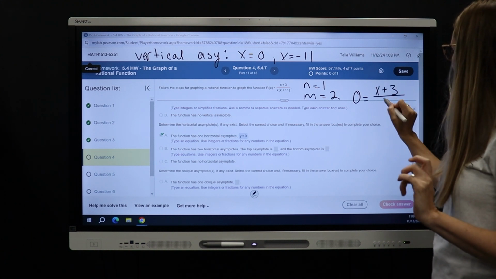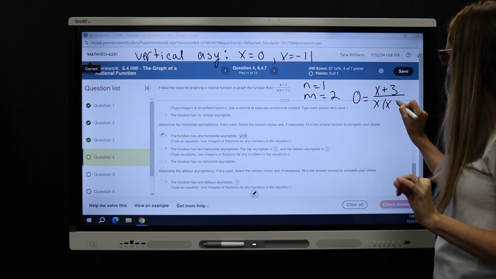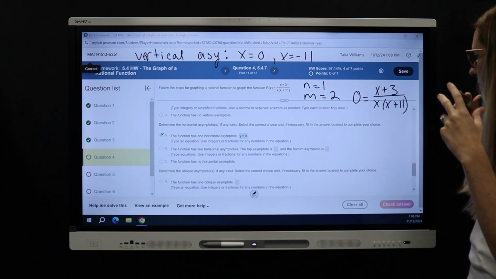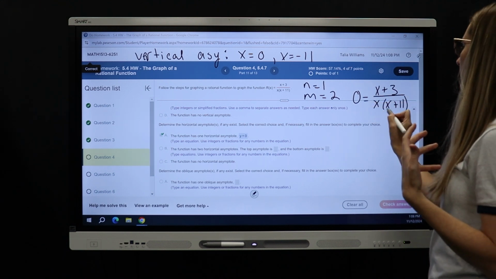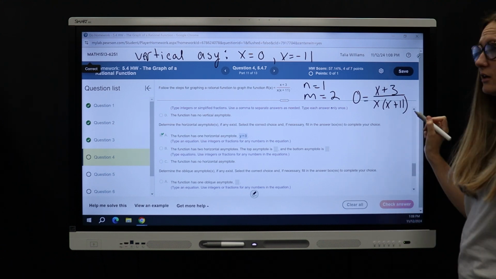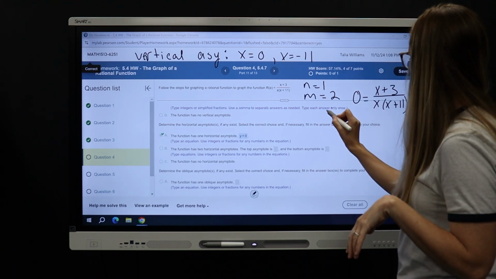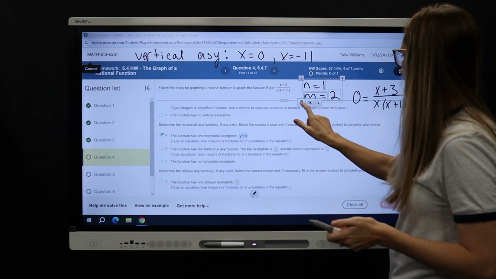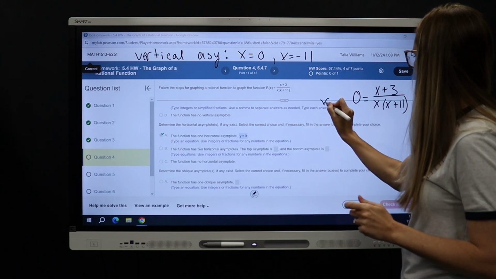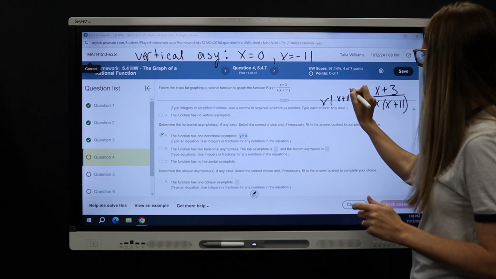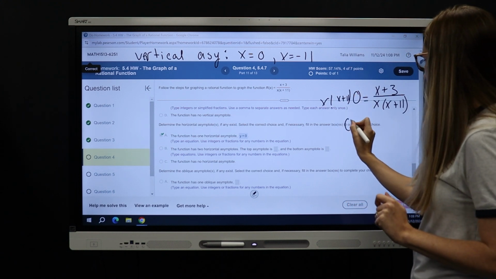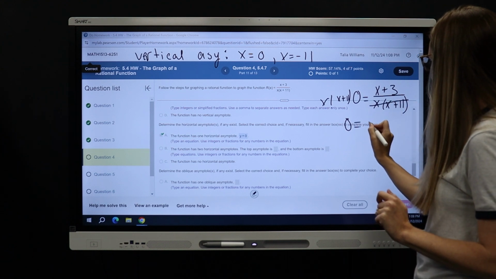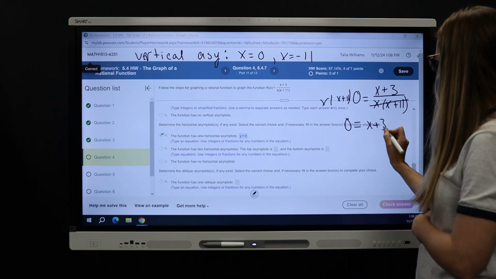This should look familiar. So a bunch of these, it copies itself, but you'll get used to seeing that. So if it's being divided by something, the opposite of division is multiplication. So I'd multiply 0 by x times x plus 11. When I multiply it by 0, it's still 0, and this would be gone. So 0 equals x plus 3.